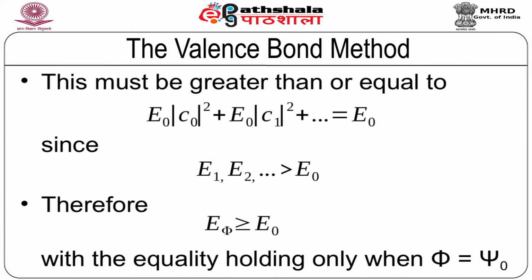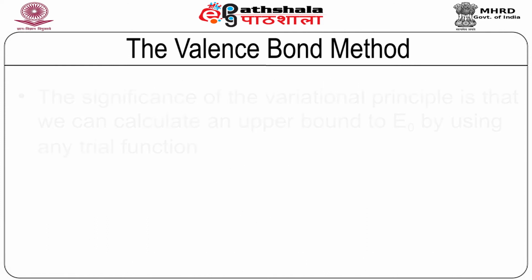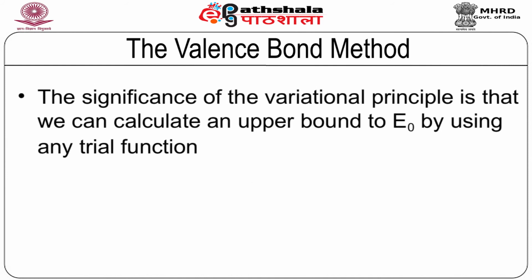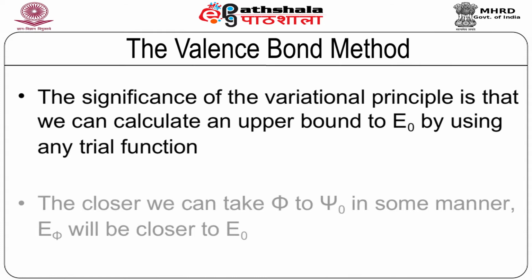The significance of the variational principle is that we can calculate an upper bound to E0 by using any trial function. The closer we can take phi to psi0 in some manner, the closer E phi will be to E0.